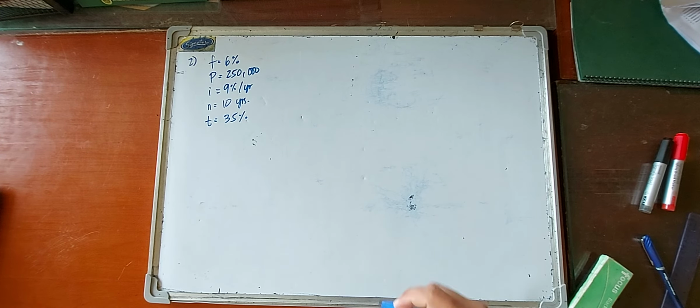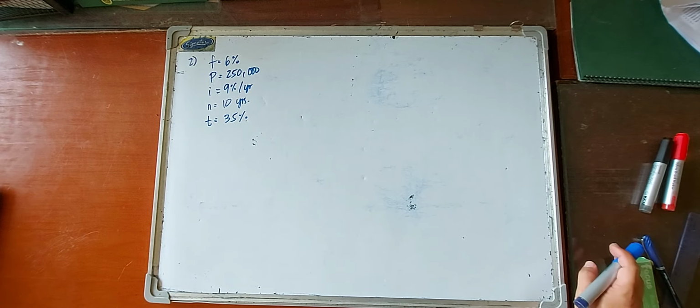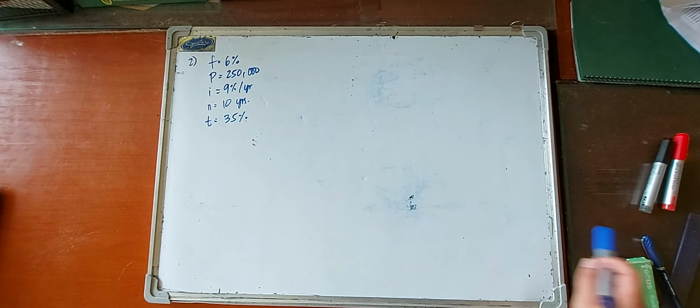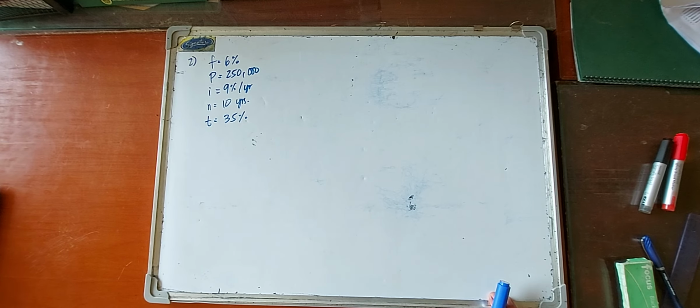Okay, number 2, I will no longer write the entire problem. I will just be reading and identifying the given items in the problem. So number 2, let the inflation rate be 6% per year. A person deposits 250,000 in a bank account at 9% per annum. Okay?